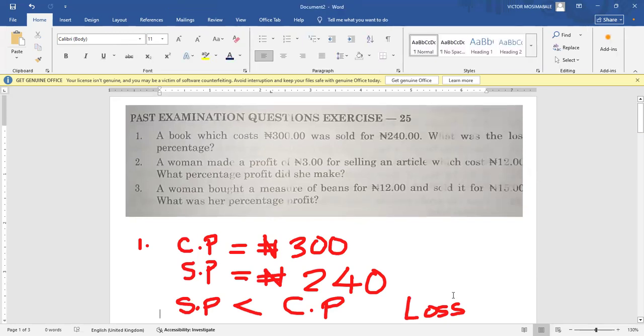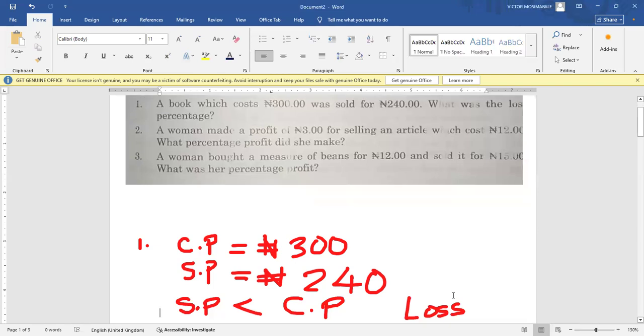And of course, in achieving that, we have the formula for it as loss over cost price times 100%. Loss over cost price times 100%. So what that means is that I will be having it in this manner.